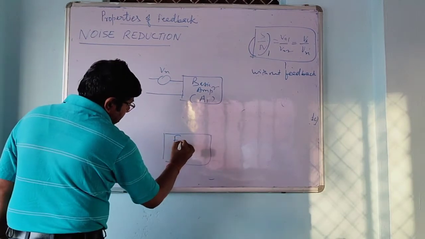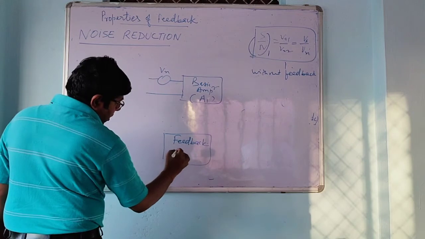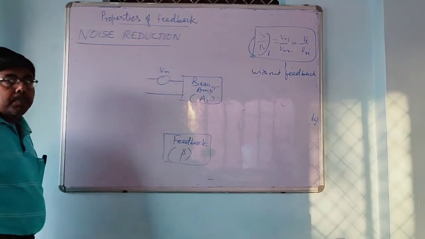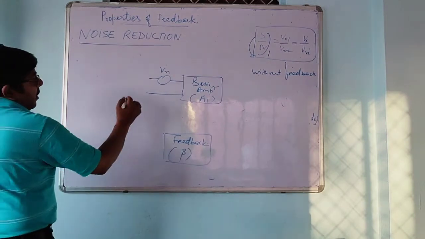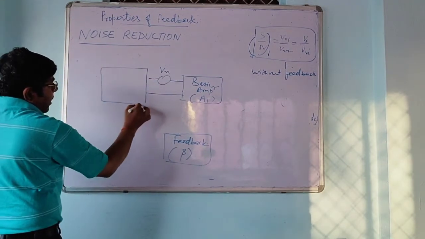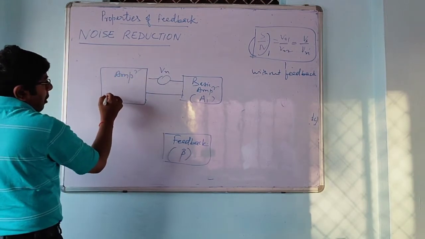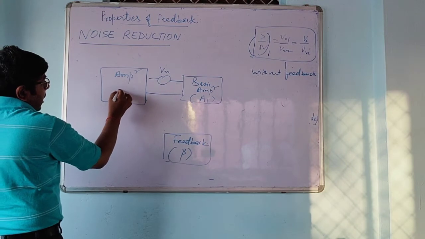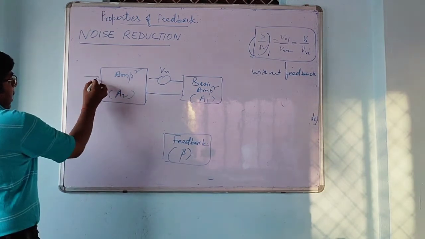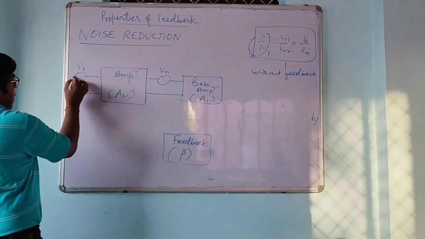This is the feedback block, having feedback factor beta. Then we are assuming we have another amplifier, which is free from noise, having gain A2. And here we are applying input Vs.